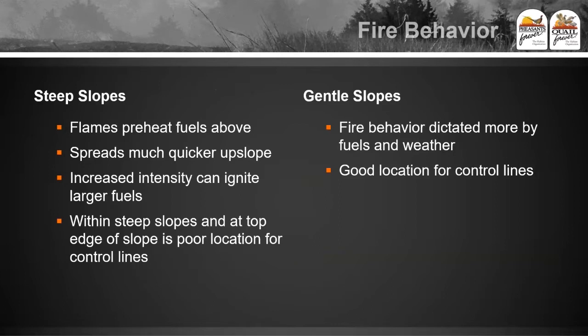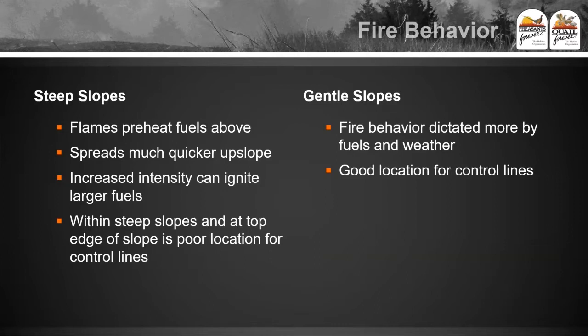So in general, in most of Nebraska, I would say we have gentle slopes. There are some areas where there are steep slopes. Flames basically will preheat fuels as they go up. So that radiant heat will cause them to take moisture out of that fuel before the fire gets there. So when that fire gets there, it goes faster.